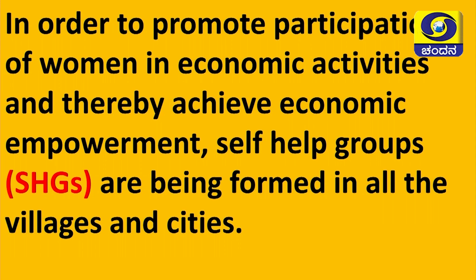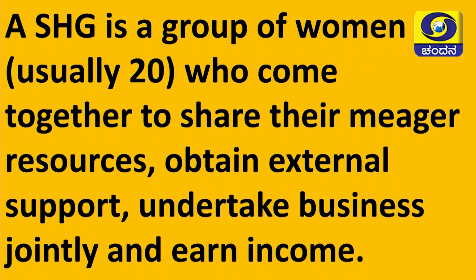In order to promote women, in order to promote the economic development of women and to provide her political and other social status, equal opportunity, many programs have been taken up. In order to promote participation of women in economic activities and thereby achieve economic empowerment, self-help groups, SHGs, are formed both in cities and villages.